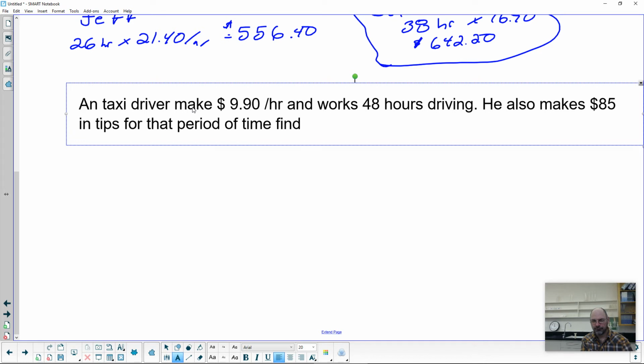Find his gross income. Okay, so we're going to have to multiply his wage, but we're also going to have to add his tips onto it.